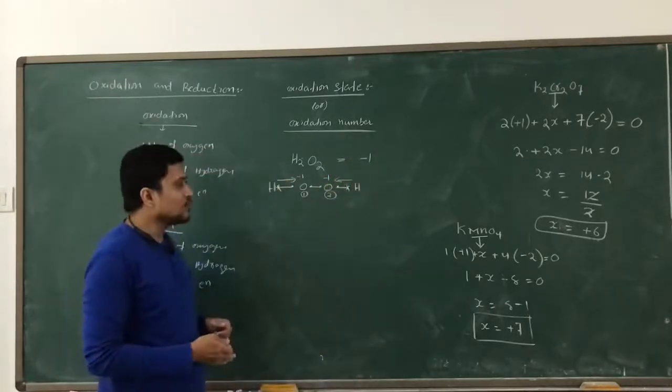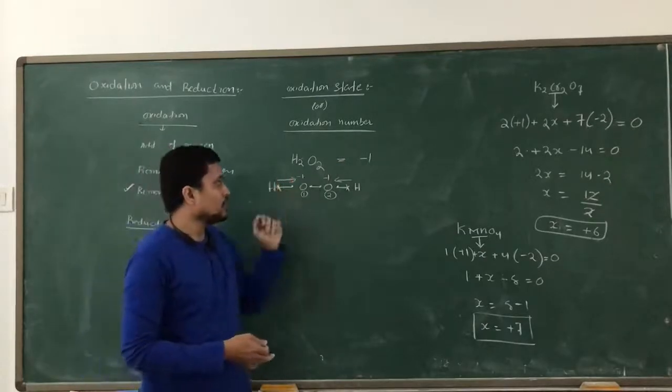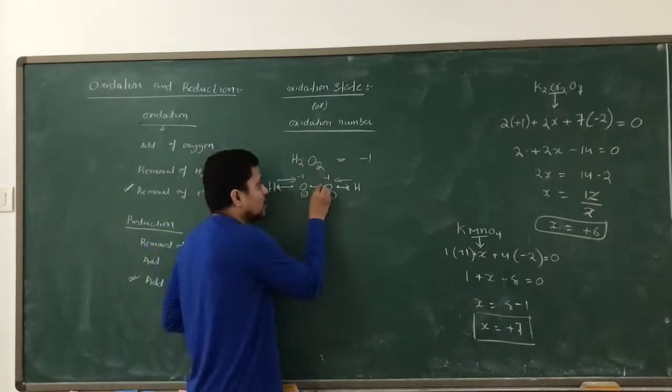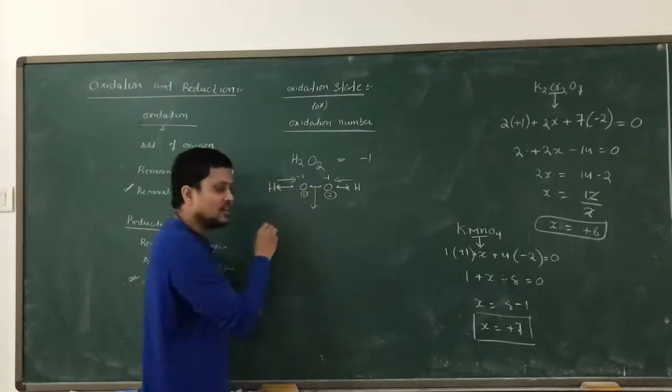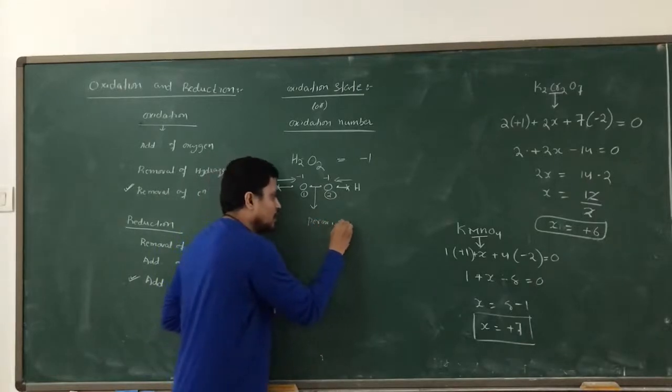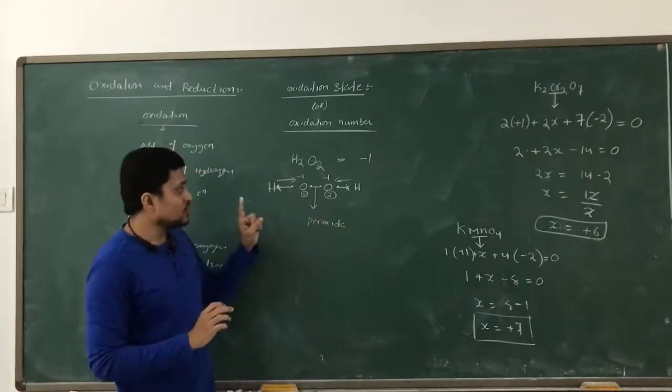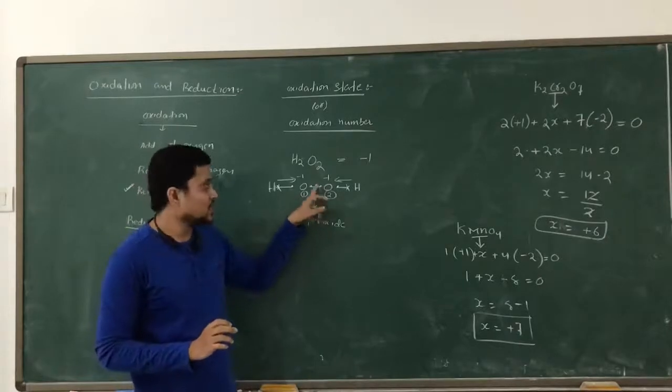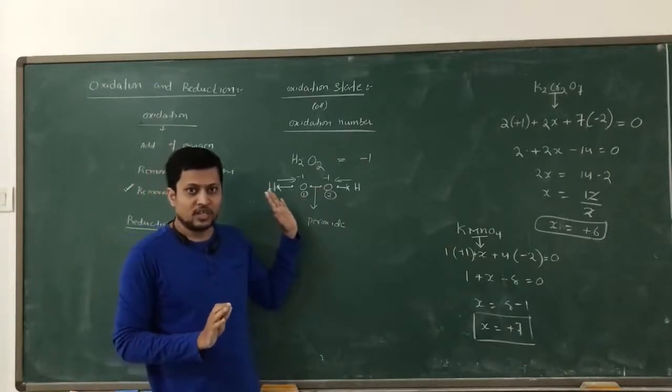So in that way we have to go for the answer for this particular compound. This particular bond which we are seeing between the two oxygens, the oxygen-oxygen bond, is called a peroxide bond. If a peroxide bond comes, then you need to check what oxidation state you are taking for oxygen.